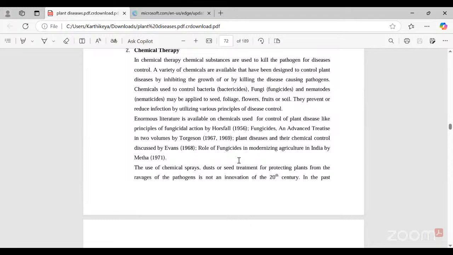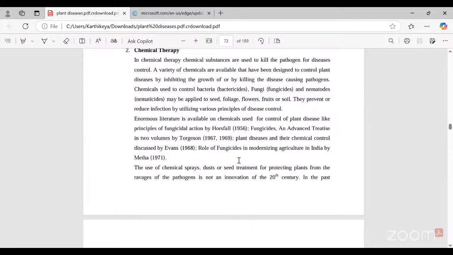Chemicals used to control bacteria, fungi, and nematodes may be applied to seed, foliage, leaves, flowers, fruits, or soil. They prevent or reduce infection by utilizing various principles of disease control.